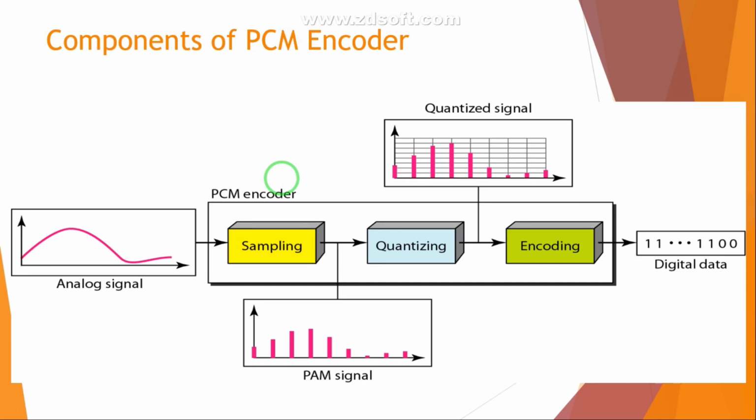Uniform quantization means the step sizes are constant, and non-uniform quantization means the step sizes are variable. That is not in your syllabus actually, guys, so we would just have a brief introduction of this. And after this, we have to convert into bits.